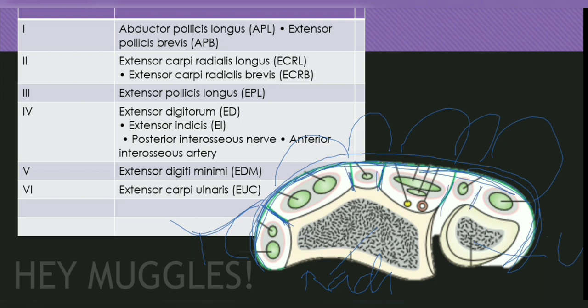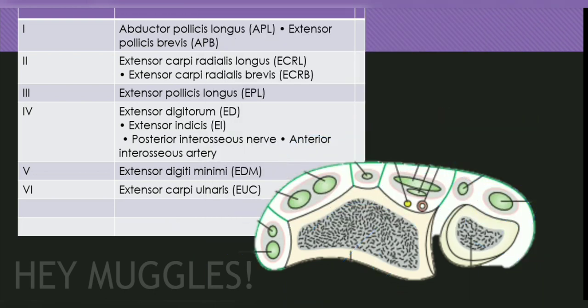These are 5 in number. These septa extend from the dorsal aspect of your lower end of radius and ulna bone to the extensor retinaculum.